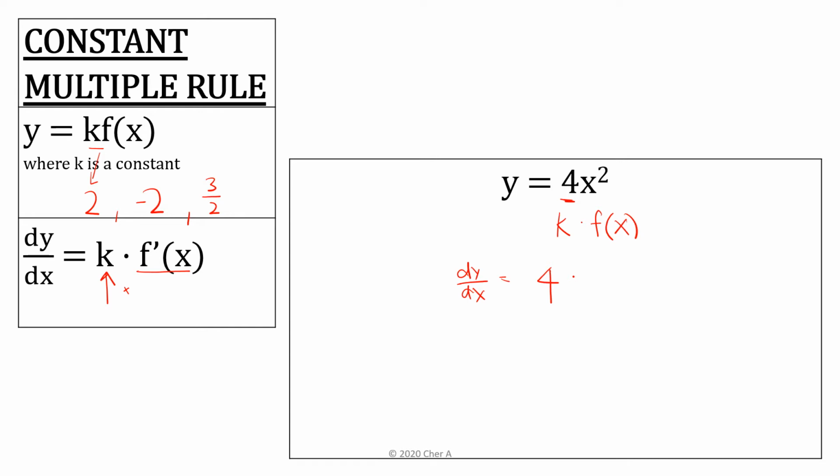So differentiating x squared using the power rule, we bring down the power 2, x remains, the power minus 1. To simplify this, we'll have 4 times 2, 8, x, 2 minus 1 will be the new power, which is 1. So the final answer will be 8x.